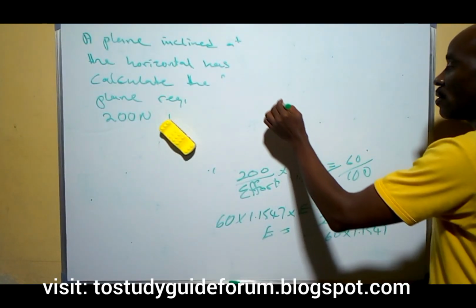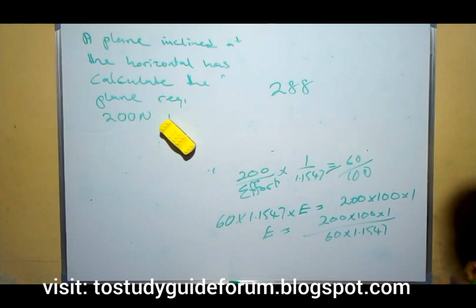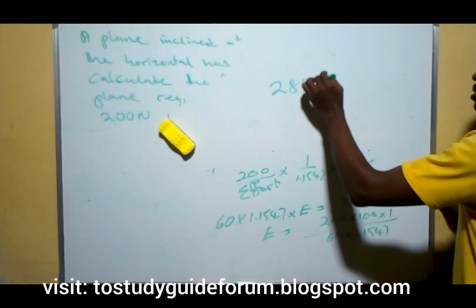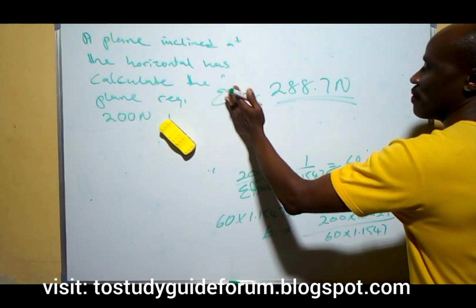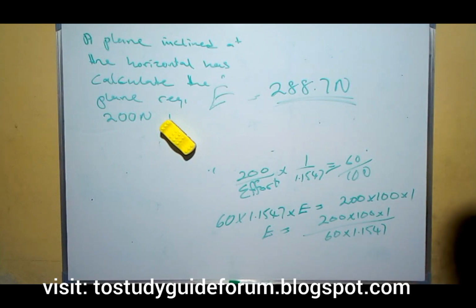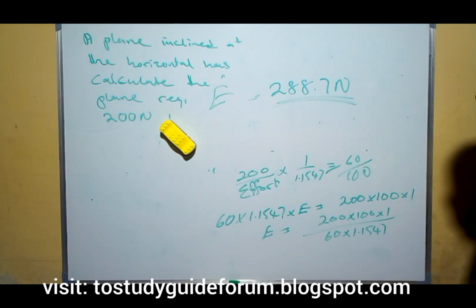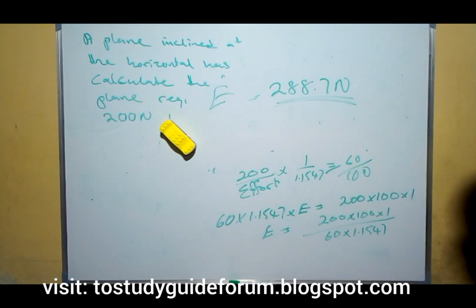We have our final answer, which will be 288.7 Newton. That's equal to our E, our effort. This is the effort that we need to make the load move upward along the plane.